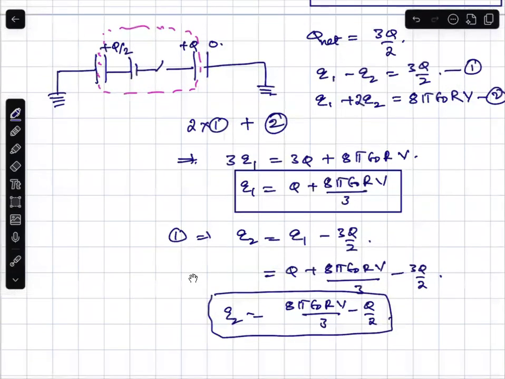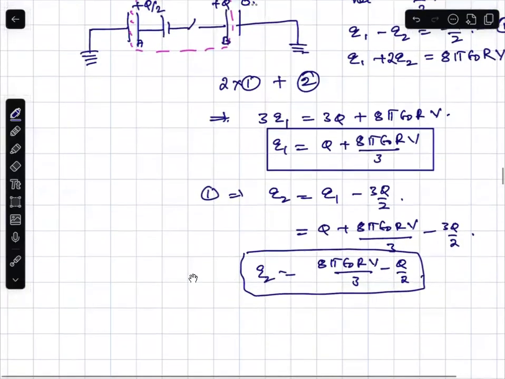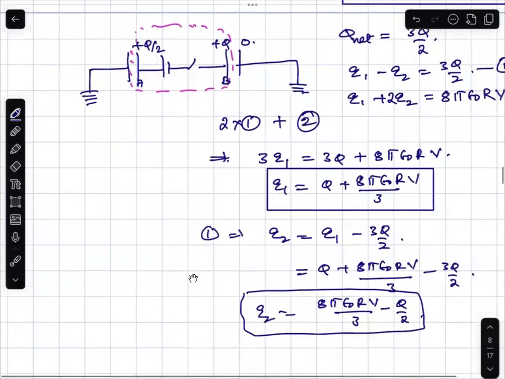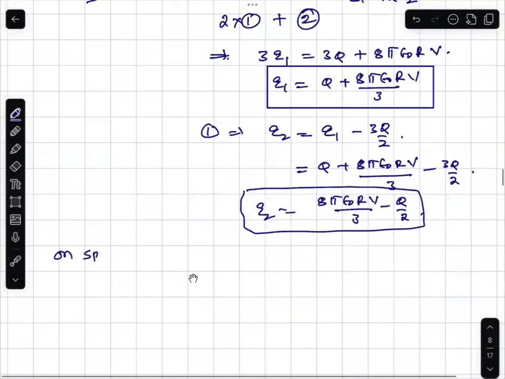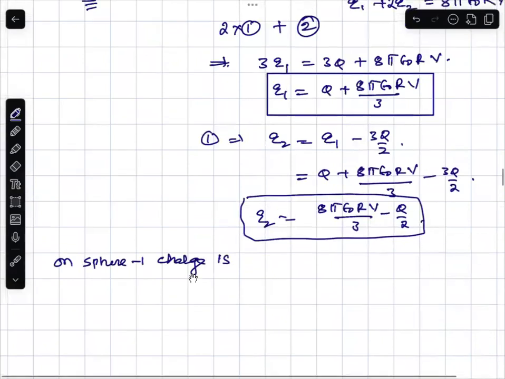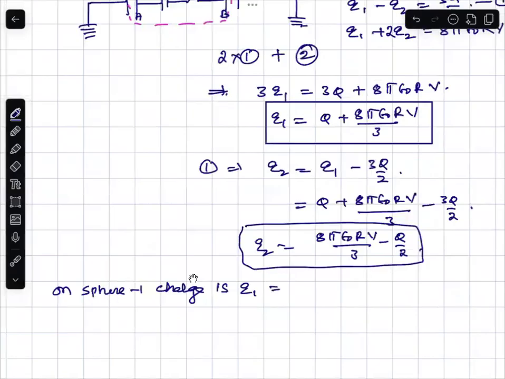Now please tell me, if you ask me this plate as A, this plate as B, and this plate is A, and this plate is B. A is your actual sphere. On sphere 1, the charge is, you committed it as Q1, which is nothing but Q plus 8 pi epsilon naught RV by 3.